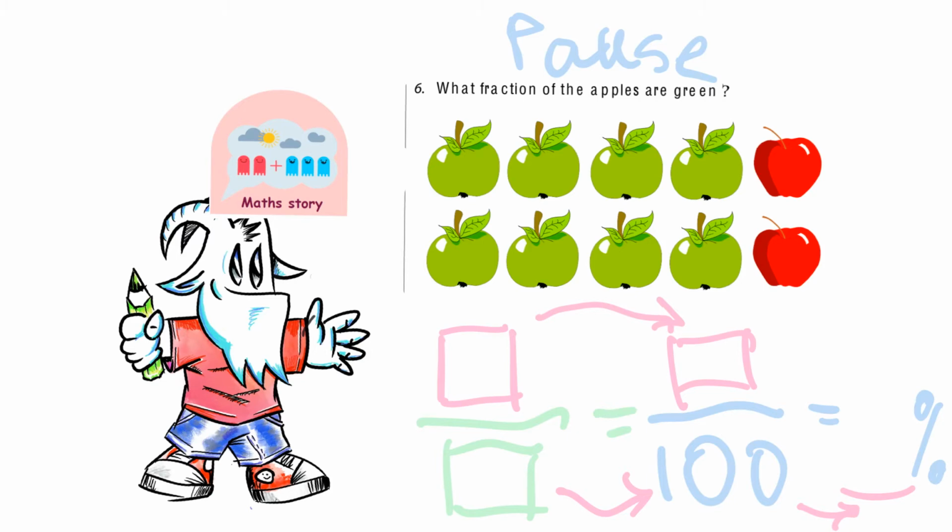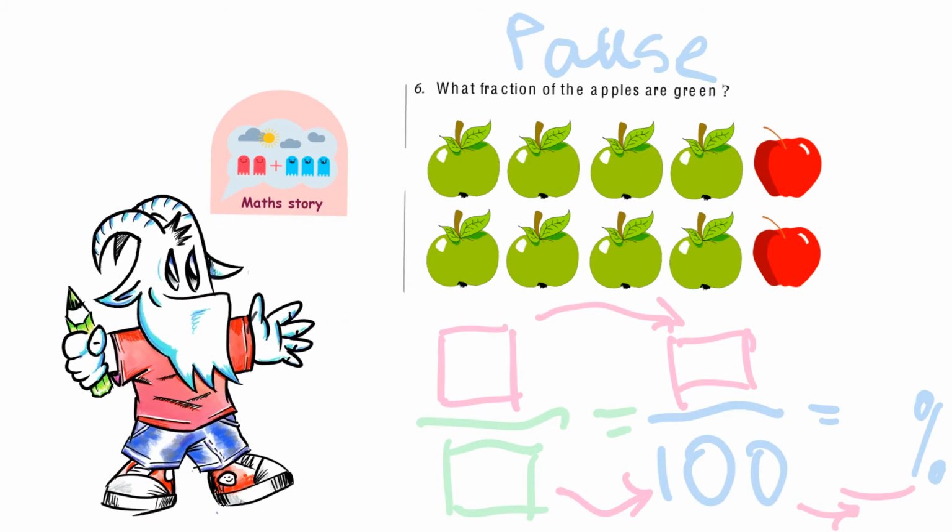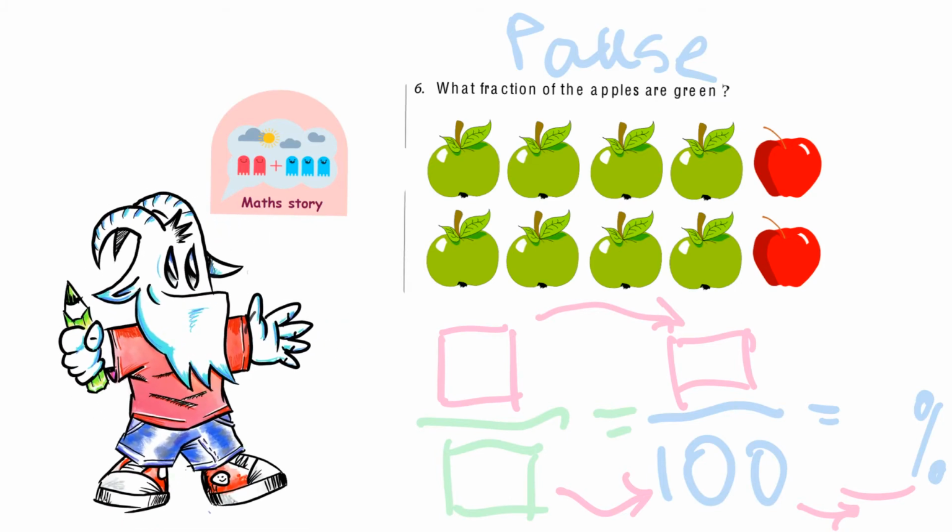Right, let's go back. So hopefully you managed to do all of your working out. Let me tell you how I've done that. So I can see that there are 10 apples altogether, which gives me the denominator of 10. Really nice, really friendly. Now I can see that there are 8 green apples, so that means 8 out of 10, or 8/10, is the fraction of apples.